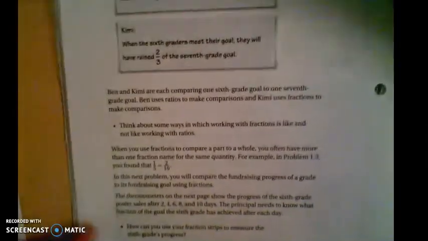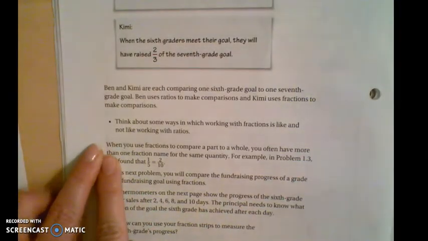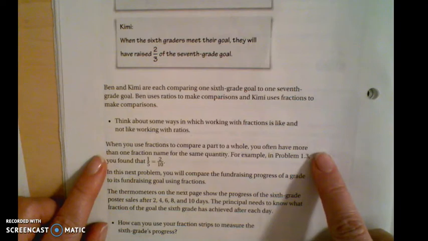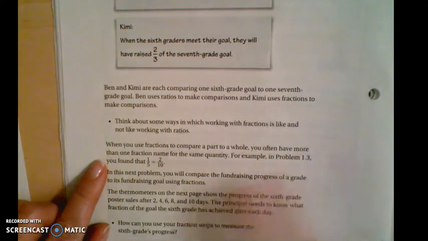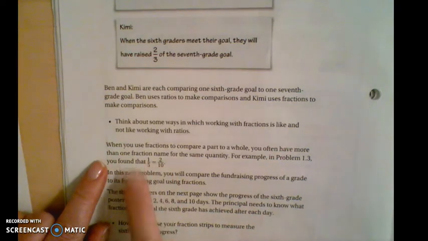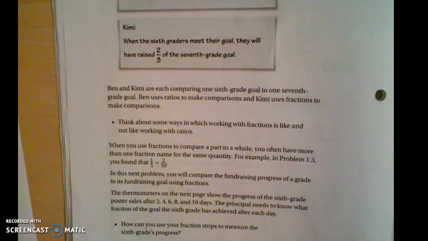So I'm just going to read down here at the bottom where it says, when you use fractions to compare a part to a whole, you often have more than one fraction named for the same quantity. For example, in problem 1.3, we found out that 1/5 equals 2/10. So when we have one fraction named for the same size piece, we call that equivalent.